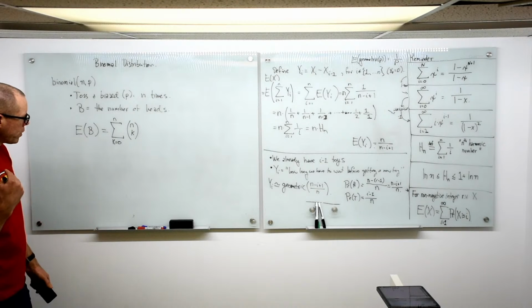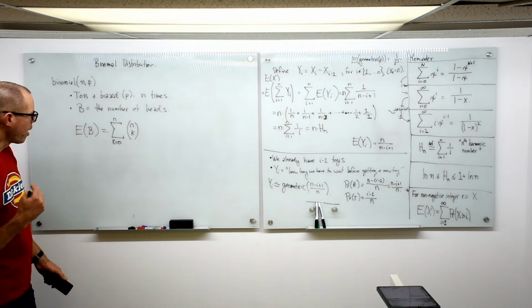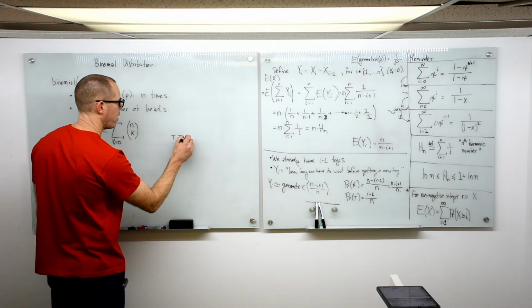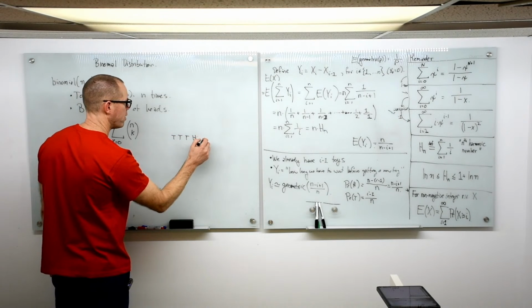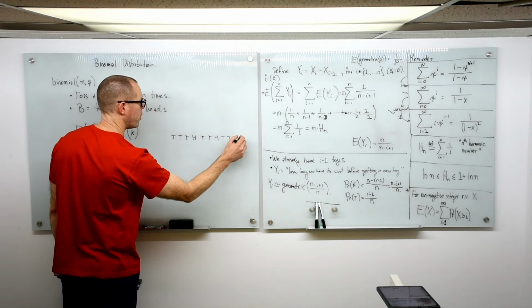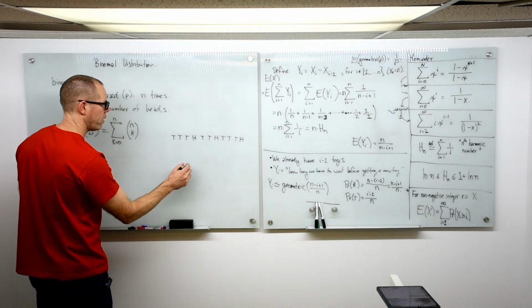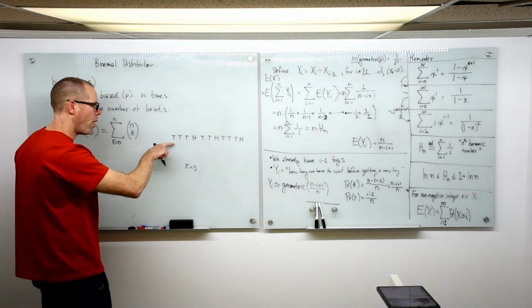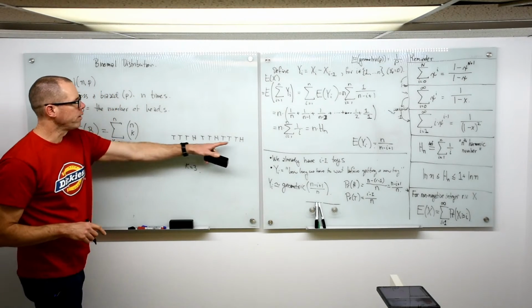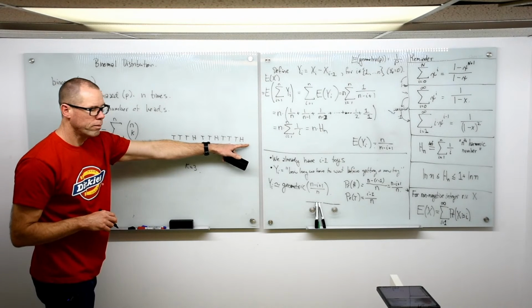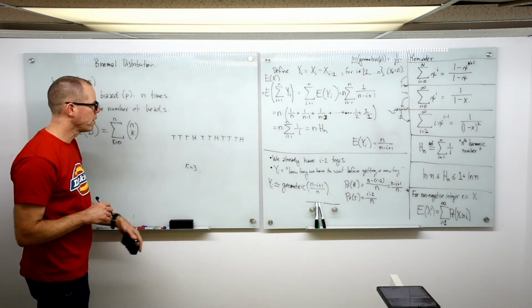And for each of those strings, what's the probability that we get that string, right? So we have tails, tails, tails, heads, tails, tails, heads. Just look at one of those particular strings. Here's the example when k equals 3. Here's one of the strings that has exactly 3 heads in it. What's the probability of this particular sequence of coin tosses?